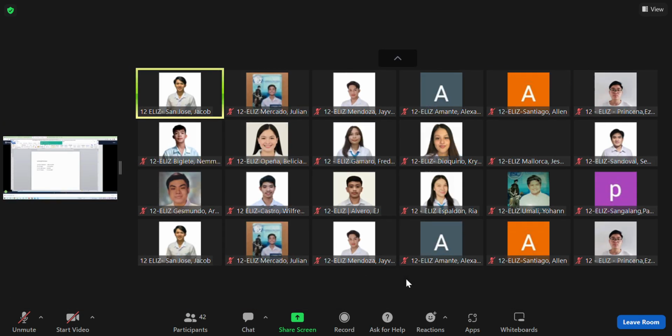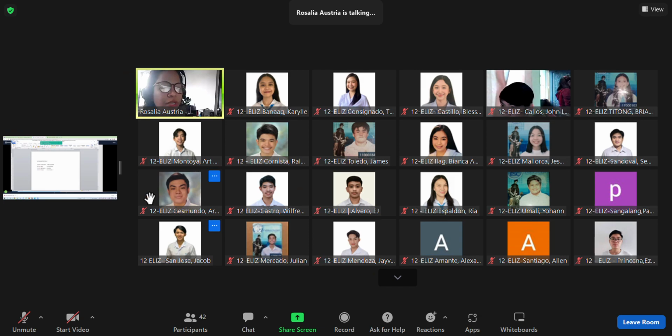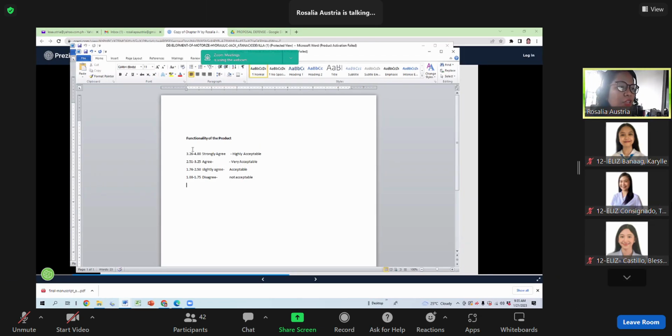So how are you going to do it in the form of a table? These are your scales. This is called a Likert scale. Filipinos pronounce it Likert.